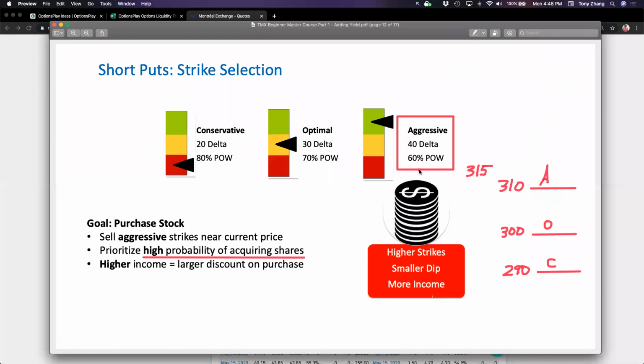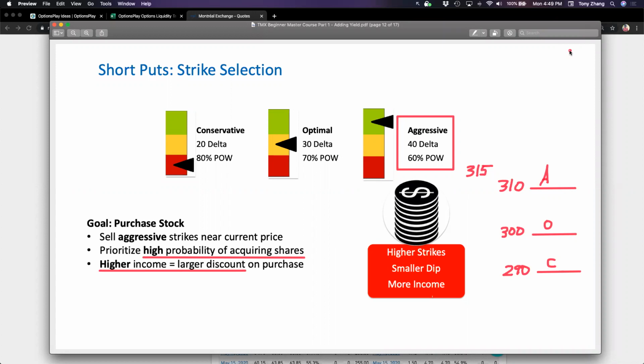The second reason that you want to choose a more aggressive strike price is because you get a higher income, which equates to a larger discount on your stock purchase. So it's kind of a win-win. That's why you want to choose strike prices very close to the current price, because you want to participate in upside. That's why you're selling the put option to begin with. And the reason that you're shorting a put instead of placing a limit order is because you want to maximize the discount factor that you're getting.